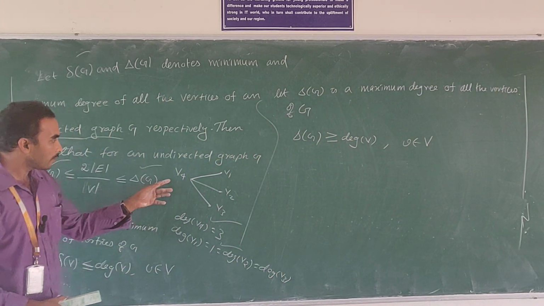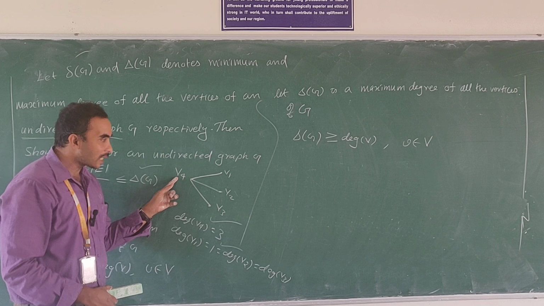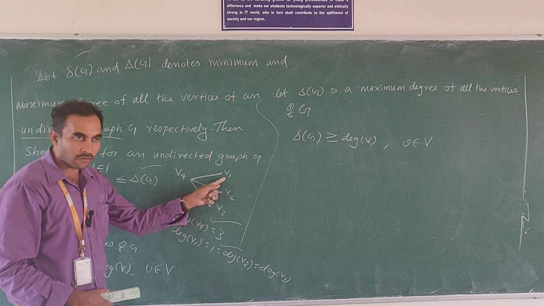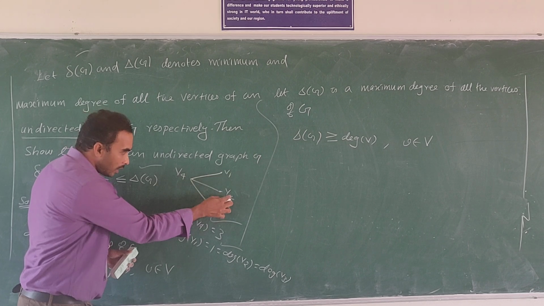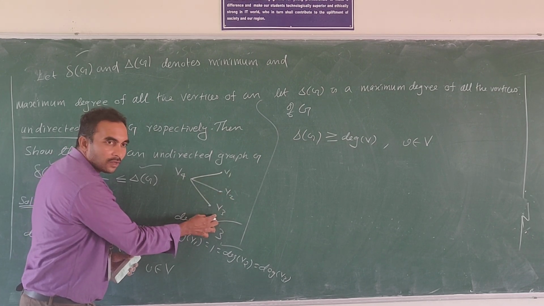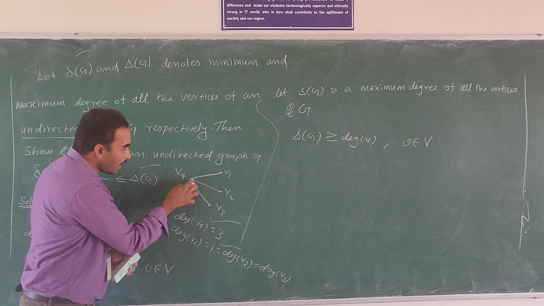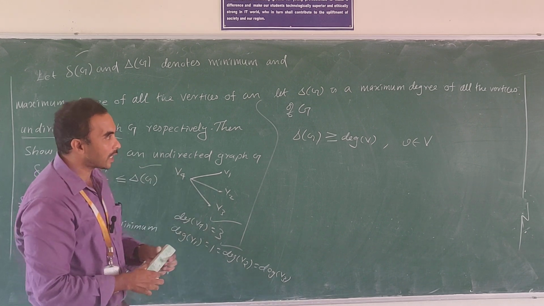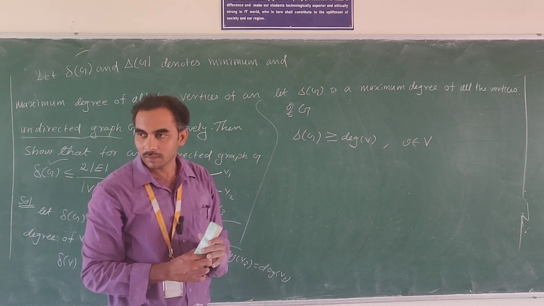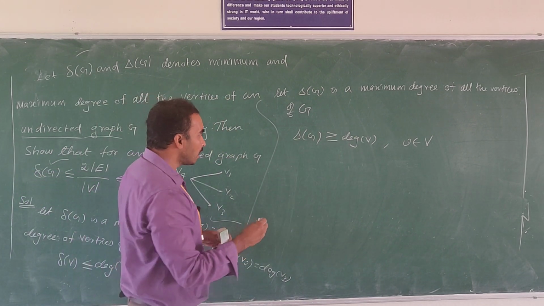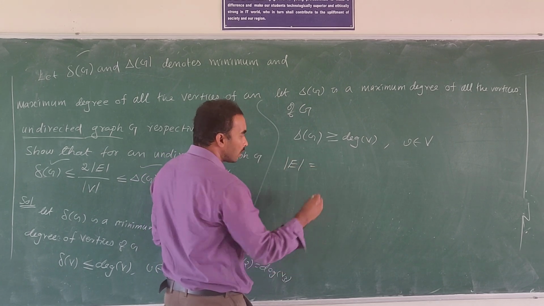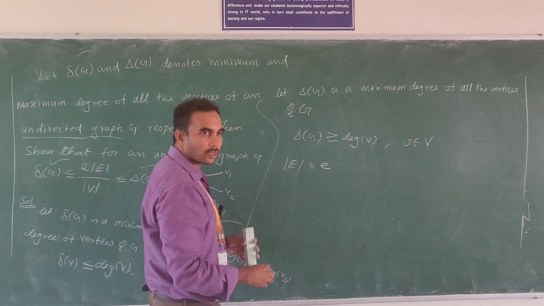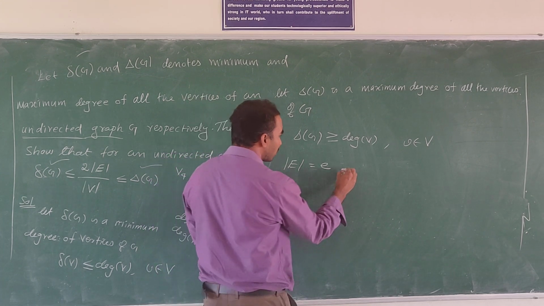Okay, listen. Degree of V4 is greater than degree of V1, V2, degree of V3, and equal to V4. So greater than or equal to. Let E denote the number of edges.